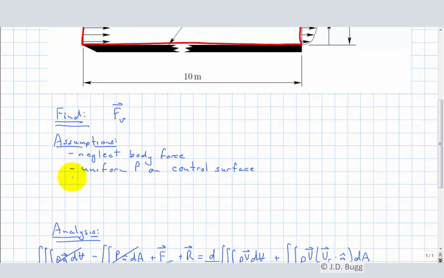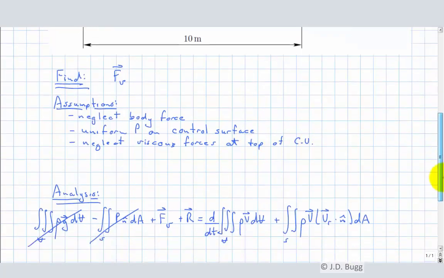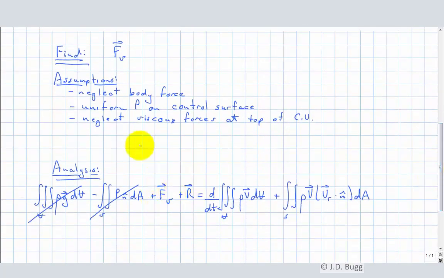So we'll put that in the assumptions list: neglect viscous forces at top, I'll say, of control volume. So in terms of our equation, we certainly keep that in there, but this is recognizing that when we solve for that, that's going to be the viscous force on the plate.